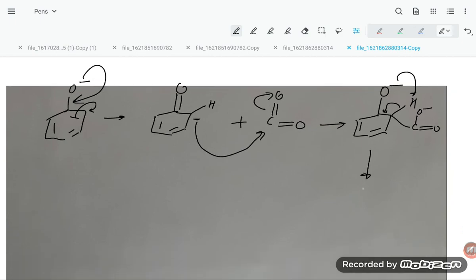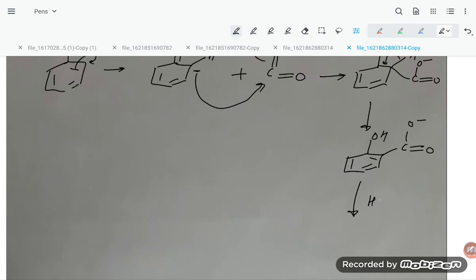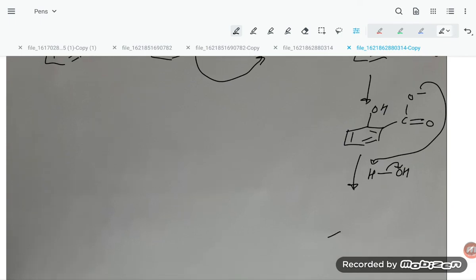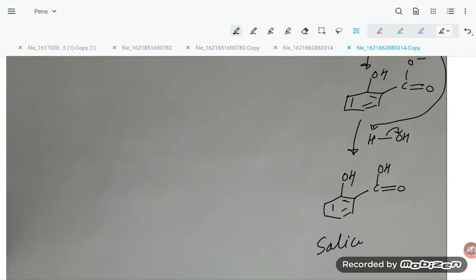In the next step, the hydroxyl group is formed, and here O negative and double bond O, and the ring is restored. Now comes the absorption in hydrolysis. This negative charge absorbs H plus, and this is the shifting. So here is OH, here is COOH with double bond O, and this is the structure. This is salicylic acid.